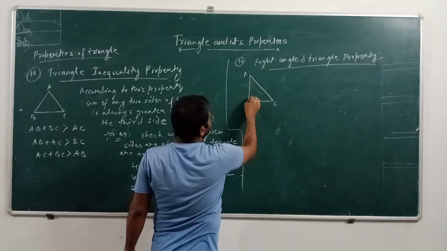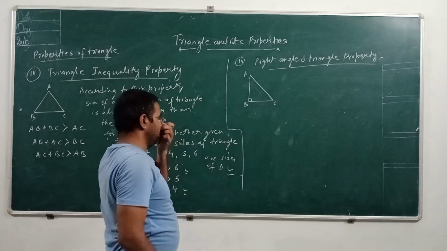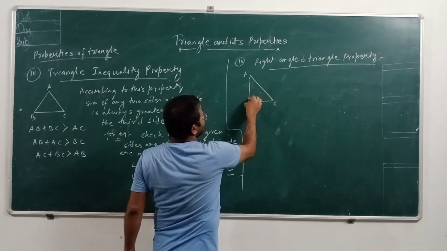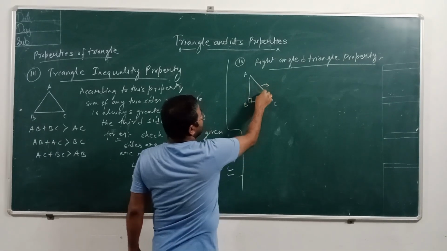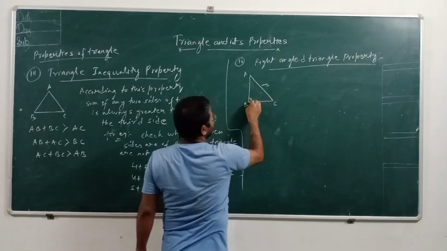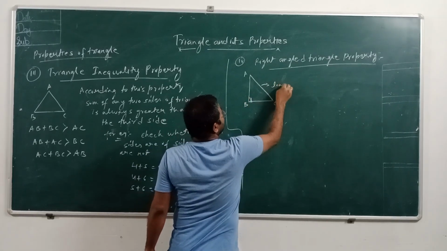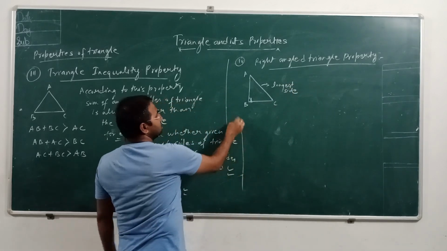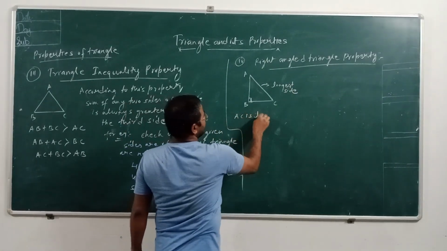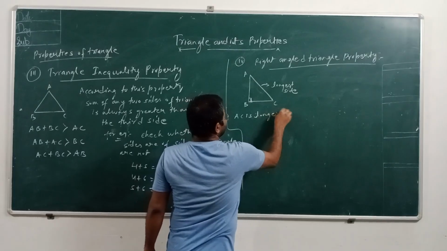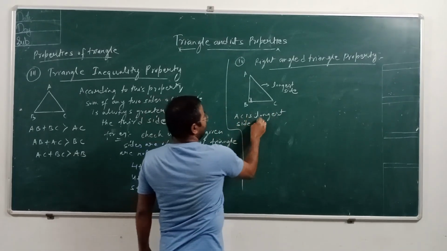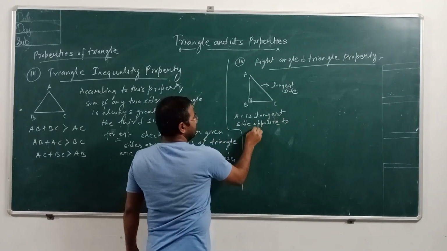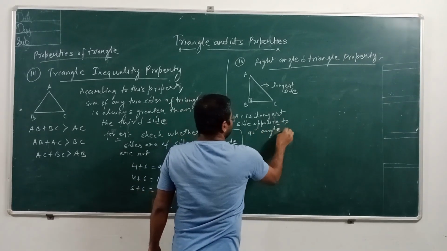Suppose ABC is a triangle in which angle B is 90 degrees. Then AC is the side opposite to the 90 degree angle. This is called the longest side. So here AC is the longest side, opposite to the 90 degree angle.